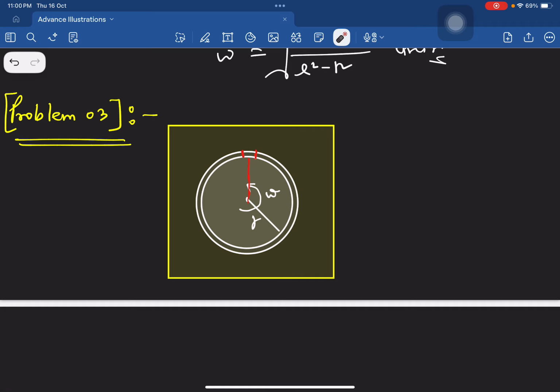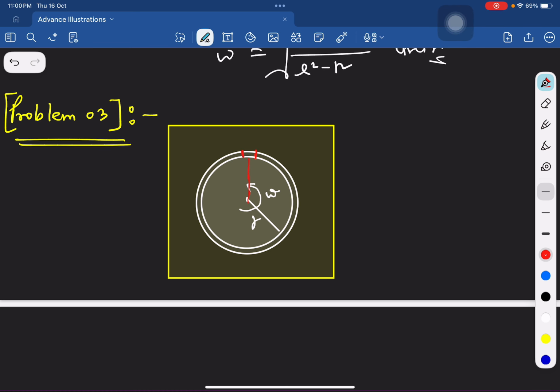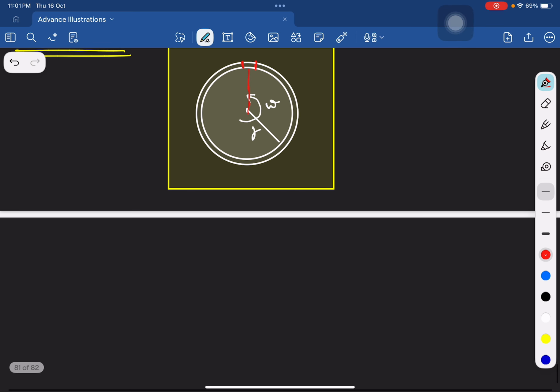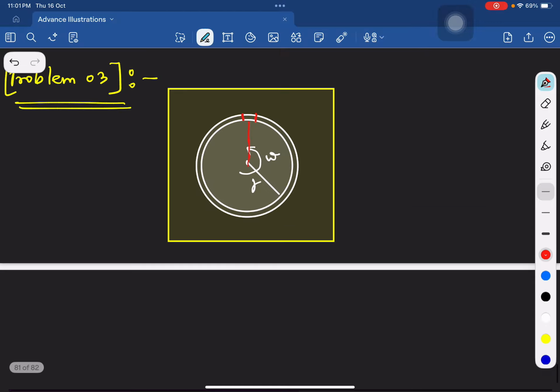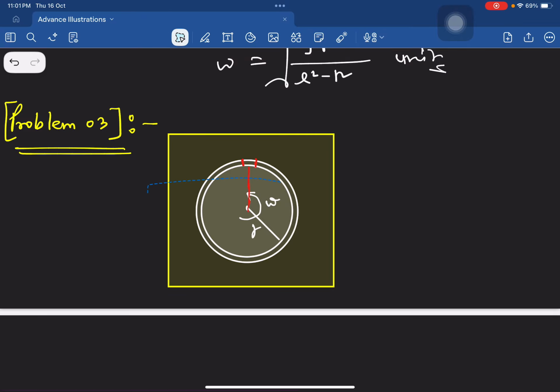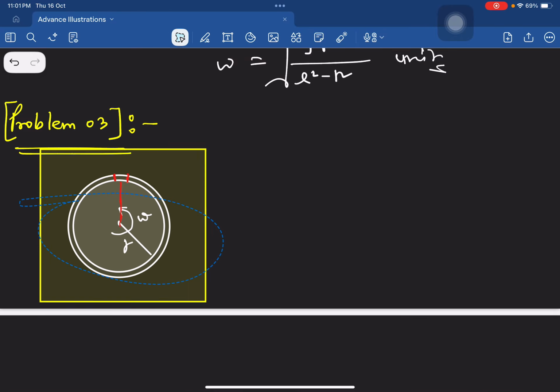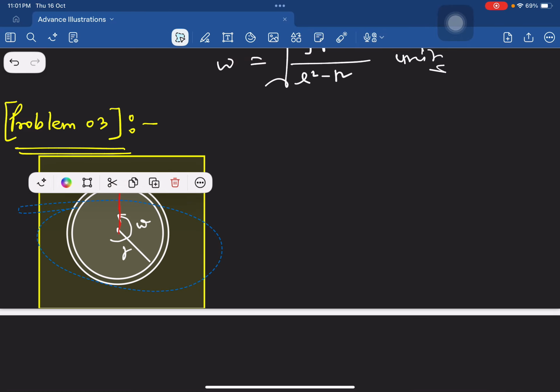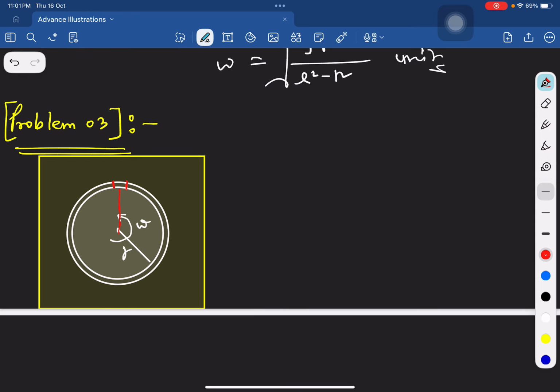So now if I make this elemental part in a zoomed format, let me put this thing aside and let me draw this thing here only. I'm taking this small element and I'm going to draw this here.